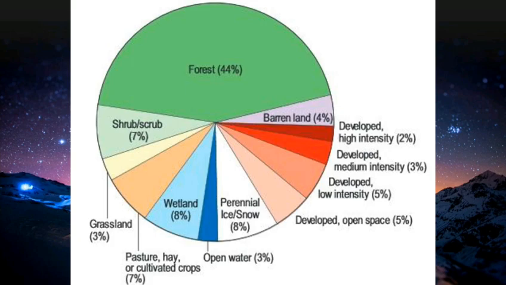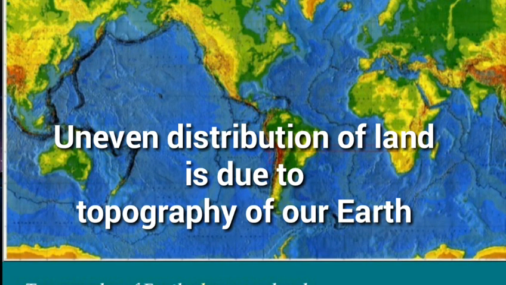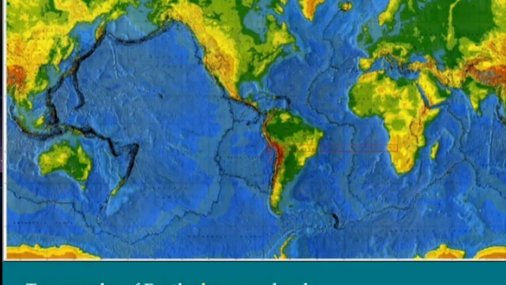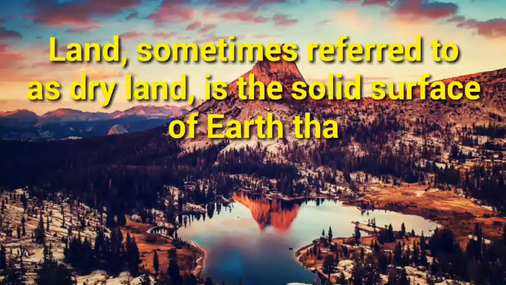Land is unevenly inhabited due to various factors such as land and climate, water, and fertility of soil. Students, as you have seen, the topography of our land is not the same in every place.